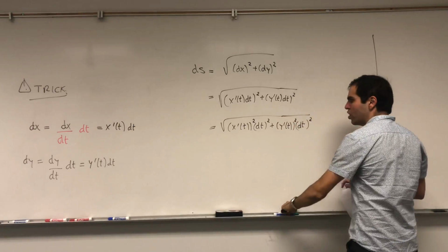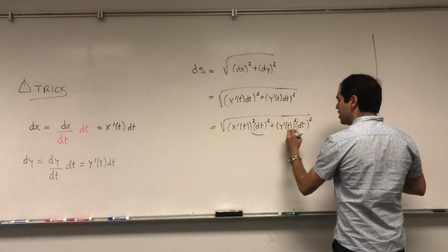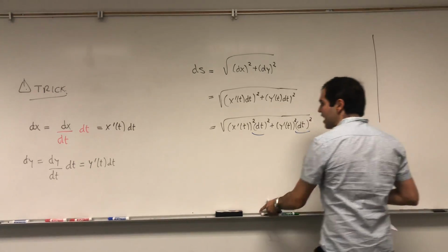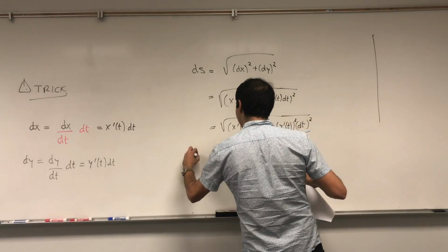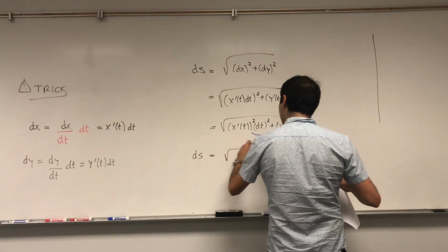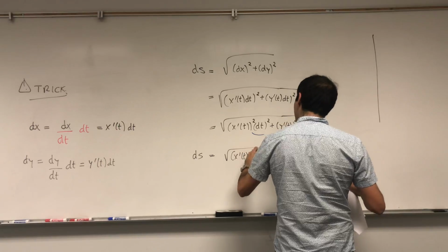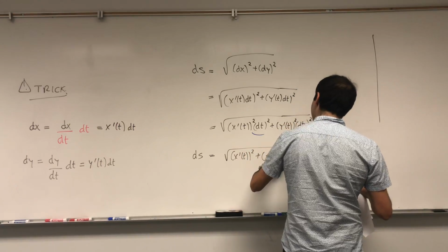And notice there's this common factor of dt squared. So we pull it out, and if you take the square root of that, it becomes precisely what we want: ds is the square root of x prime of t squared plus y prime of t squared, times dt.